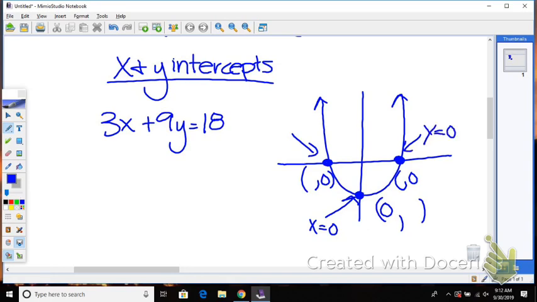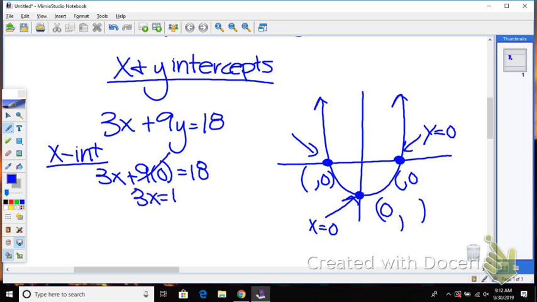So when you go to find algebraically, if I want to find the x-intercept, what am I going to make 0? The y. So I would have 3x plus 9 times 0 equals 18. And what happens to 9 times 0? It becomes 0. So I just have 3x equals 18. So what does x equal? 6. Okay?